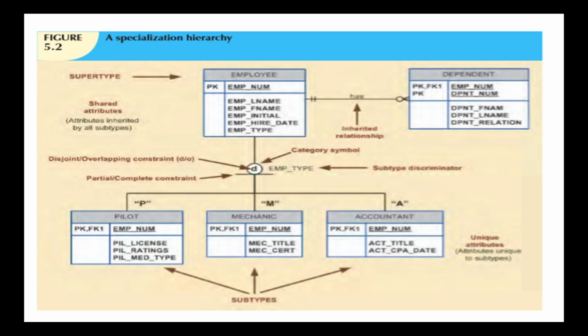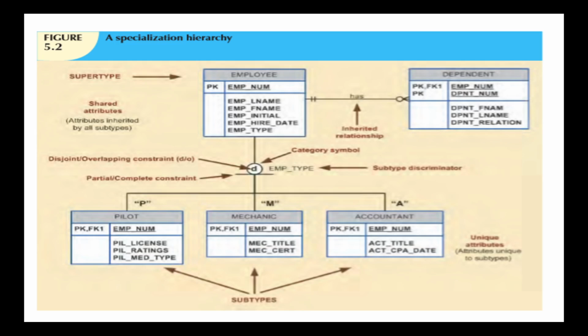Already we know what a primary key and foreign key are. In the mechanic table, employee number is a primary key and also a foreign key. In the accountant table, employee number is a primary key and also a foreign key. And all contain the unique characteristics. In the pilot table, it contains specialized attributes like employee license, pilot license, pilot rating, and pilot medical type.